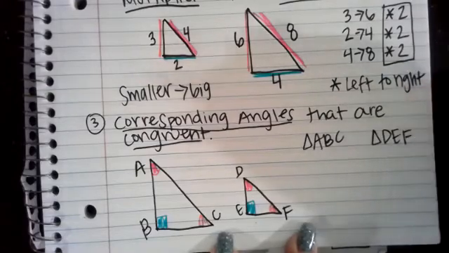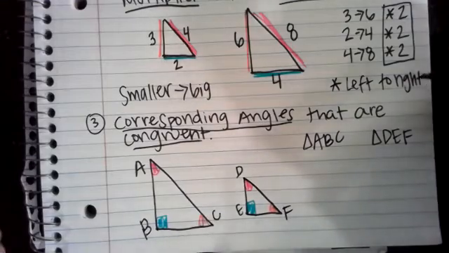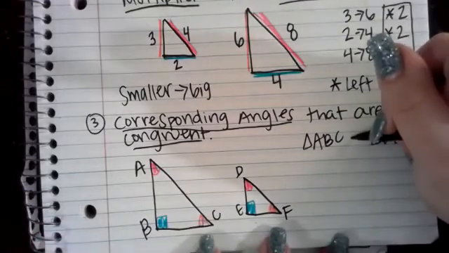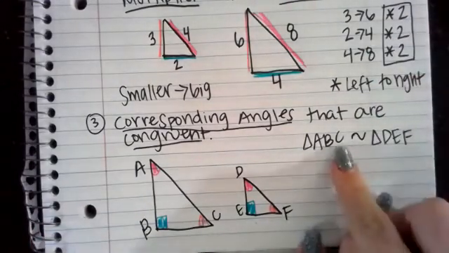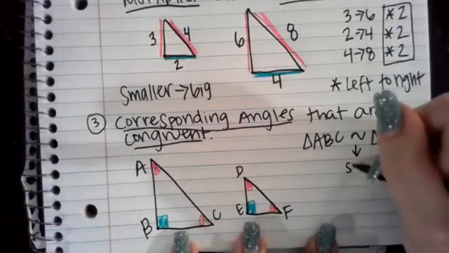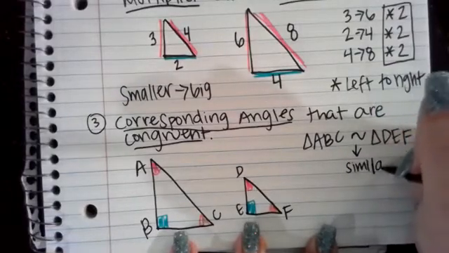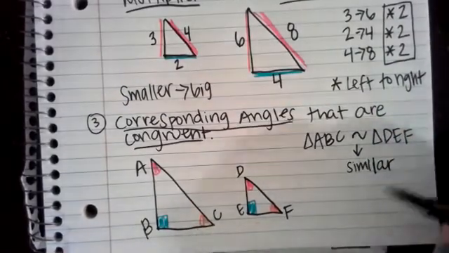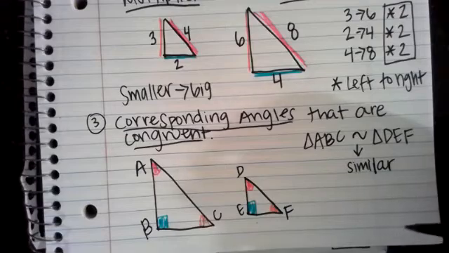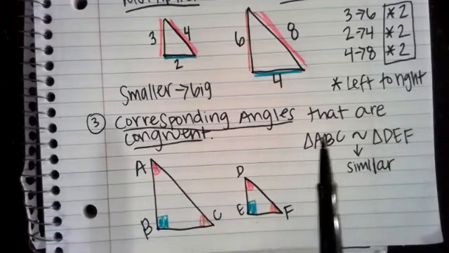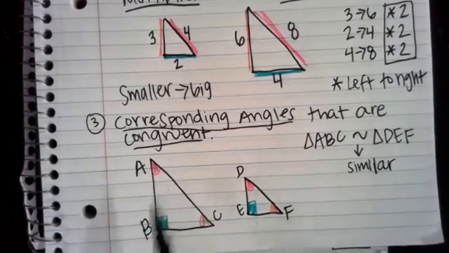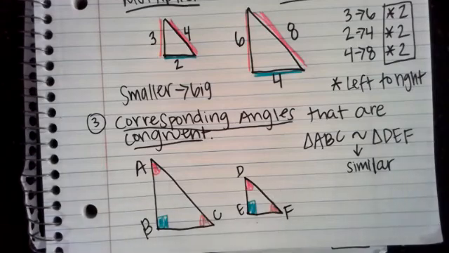The symbol we use for similar is a squiggle. Those of you that speak Spanish, it's the ñ symbol. If you see this symbol, that means similar. So if triangle ABC is similar to DEF, that is how we would write that statement. Again, I'm reading it from left to right. This triangle is similar to this triangle.